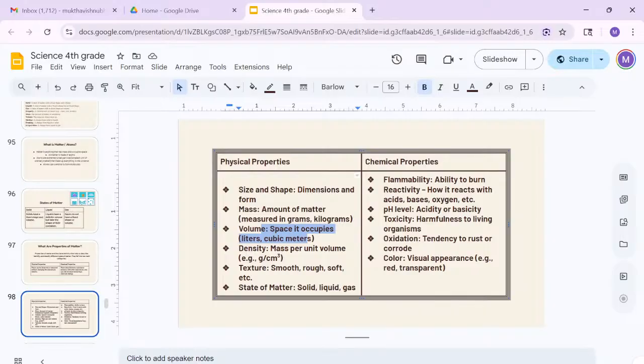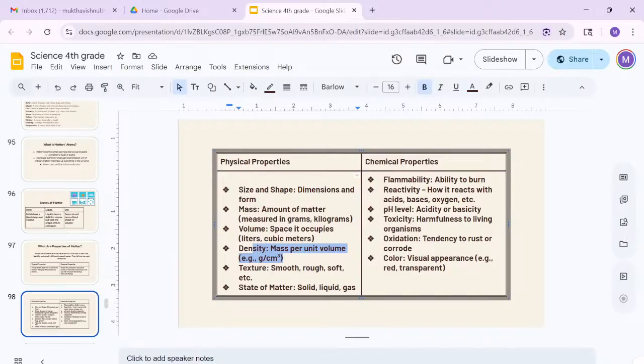Volume is a physical property. Density is a physical property. Density is basically how much mass is in it per unit of volume. And texture is also a physical property, which is smooth, rough, soft, basically how it feels. And then states of matter like solid, liquid, gas are also physical properties.